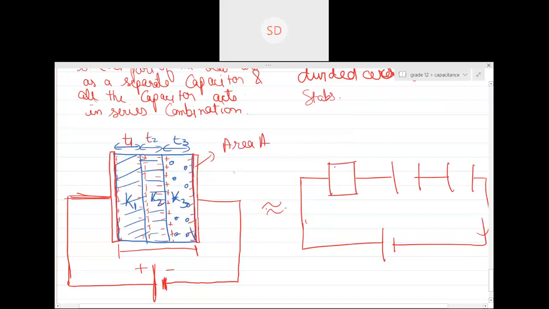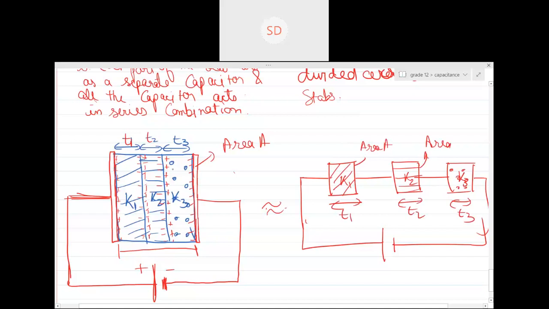What happened to the capacitance? C is equal to K times C naught. It became K times the C naught, no? So this thickness is T1, this thickness is T2, this thickness is T3, this area is A, this area is still A. And you see the plates, the charges are having linear influence. So basically these three are in series.